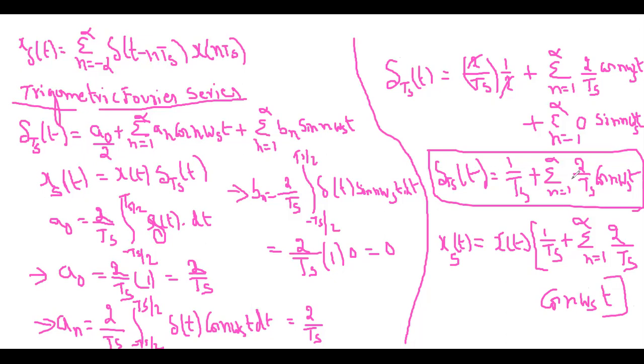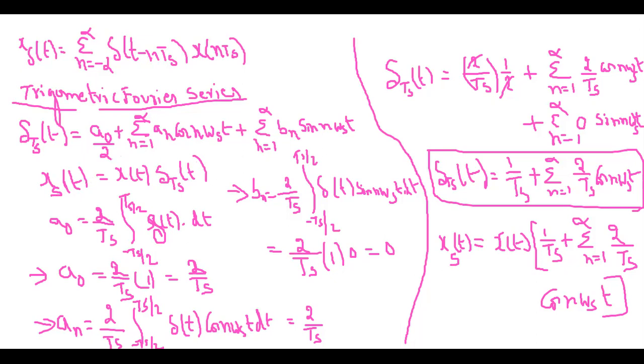This delta ts of t we can substitute in this equation xs of t. The sampled signal is x of t multiplied with delta of t. Why I wrote this: any signal multiplied with the impulse signal will give the same signal only, because it is a sampled version. So it's a sampling signal x of t. This is one of the properties of the impulse function.